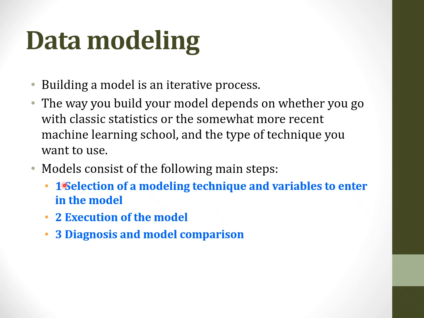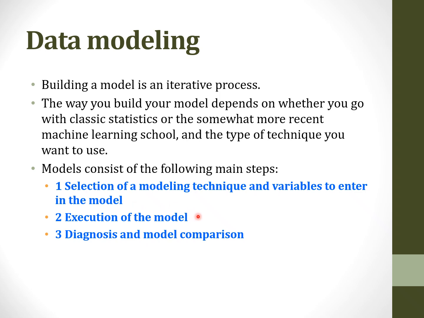So generally, modeling consists of the following main steps. First step is selection of a modeling technique and the variables to enter in the model. As I've told you, which model is suitable for the data, and what are the variables or the data that has to be fed as input to that model. So this is the first one.